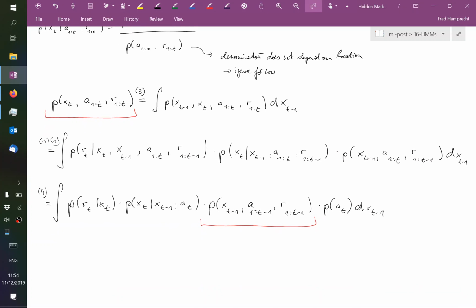Yeah? But before we write it fully, we can pull out of the integral the things that don't depend on the integral. So the integral goes over xt minus 1. So the first term does not depend on it, so I'm pulling it out, the probability of RT given xt. And I'm copying the second term.